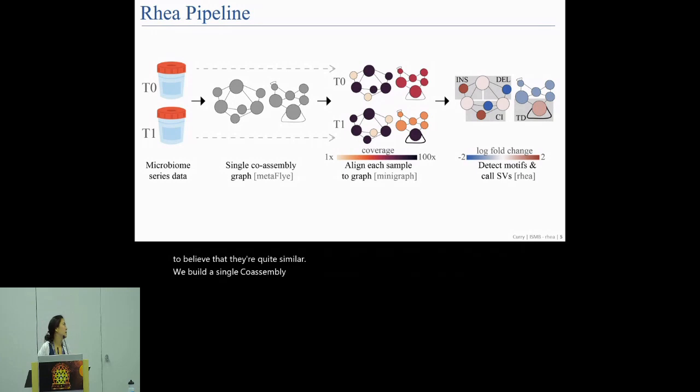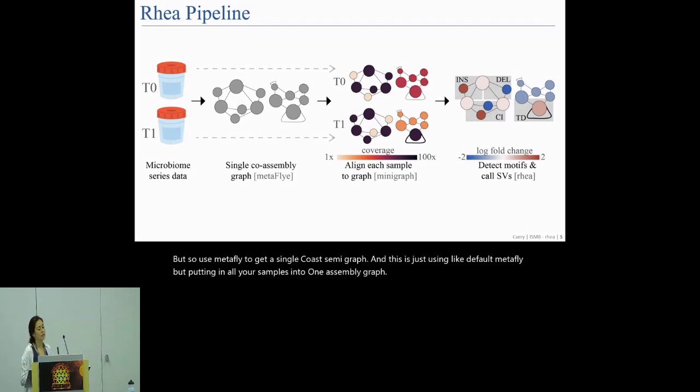Since we were using Oxford Nanopore data, a little bit older Oxford Nanopore data, so it's relatively high error compared to what Nanopore seems to produce now, we use Metaflye to get a single co-assembly graph. This is just using default Metaflye, but putting all your samples into one assembly graph.